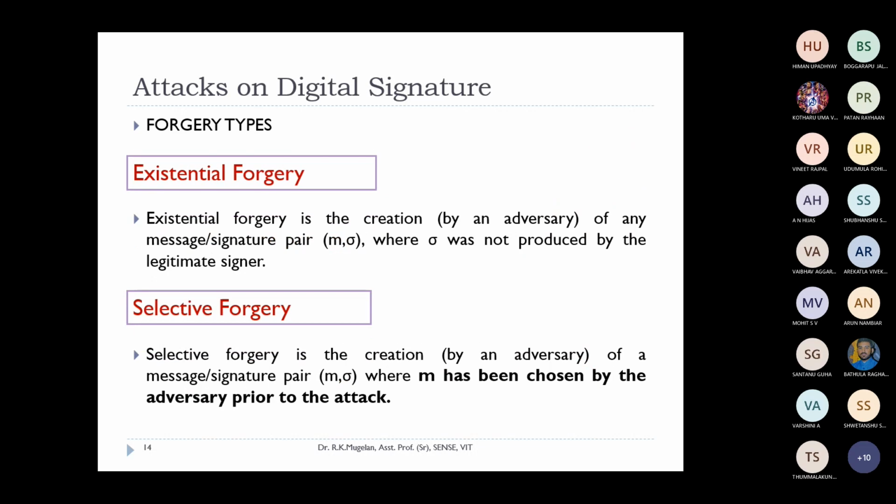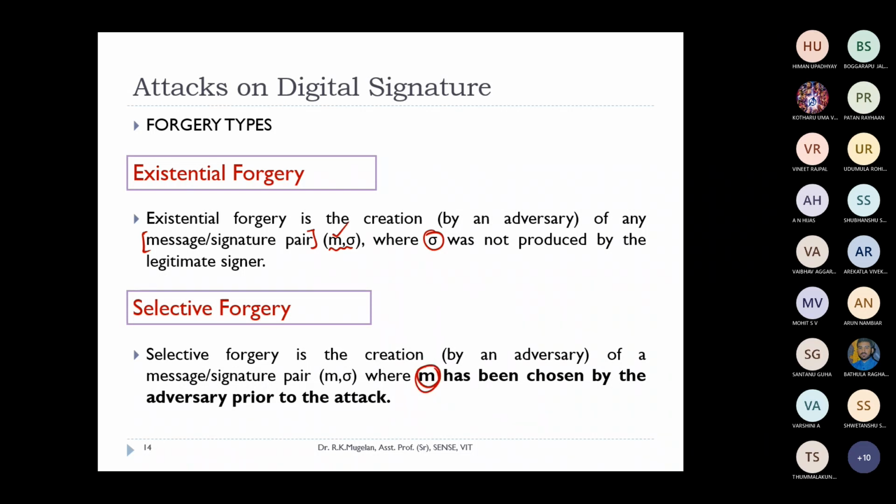There are two types, called existential forgery and selective forgery. In existential forgery, the attacker, or the person who is going to forge, will create a message signature pair, M comma sigma, where sigma is not the original signature, but another signature he has created which matches the message. In a selective forgery attack, he will have already chosen a particular message.